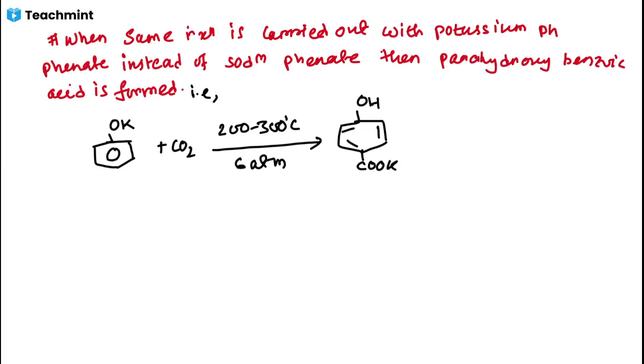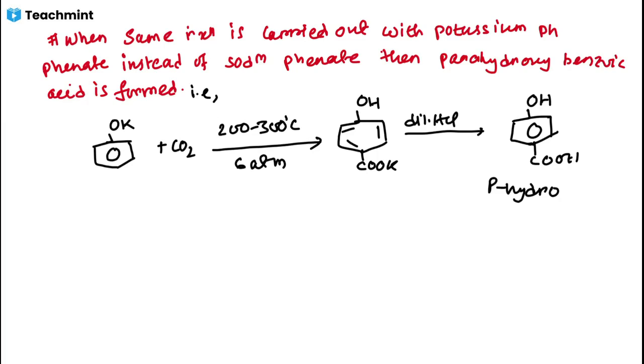After acidifying the product, we get para-hydroxybenzoic acid. Clear? And the application of the Kolbe-Schmitt reaction is also important.